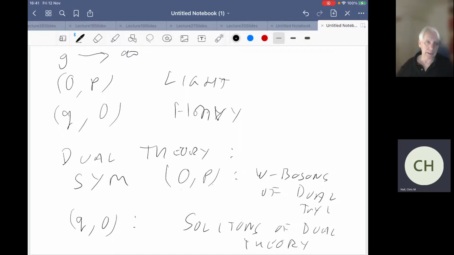So what we're finding is that if we try and look at the theory for large values of g, we can look at it as a perturbation theory in 1 over g. And if we do that, we find the dual theory is again a super Yang-Mills theory, or super Yang-Mills coupled to supergravity, which in our context is embedded within string theory.